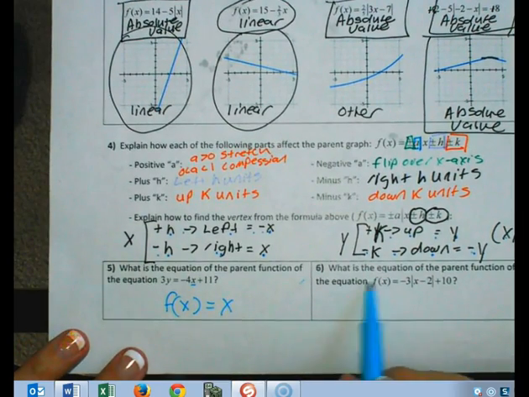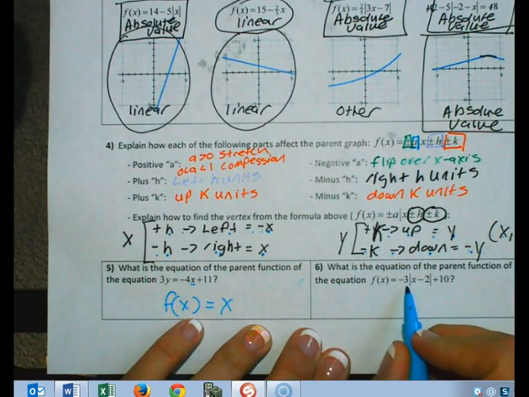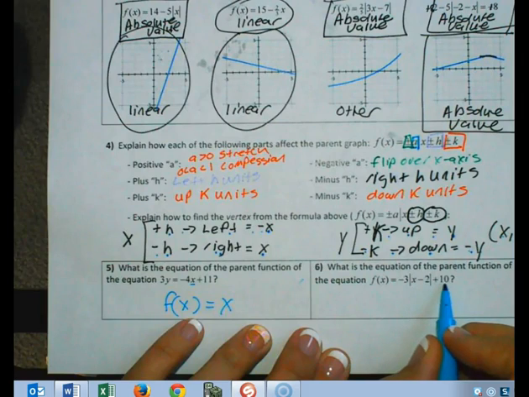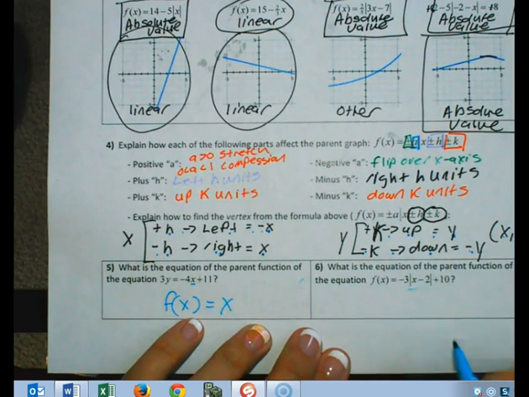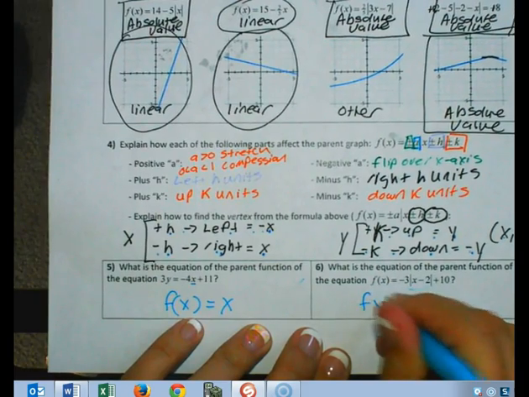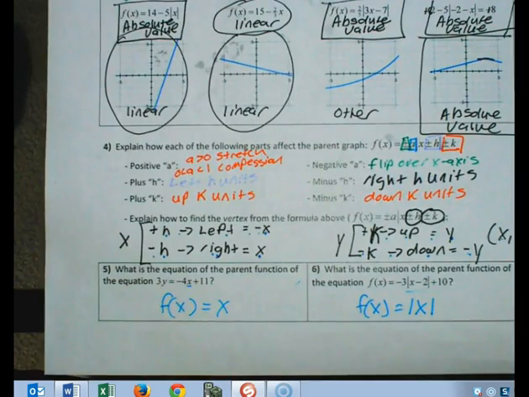Over here, what is the equation of the parent function of the equation f of x equals negative 3 times the absolute value of x minus 2 plus 10? You should see that absolute value, and f of x equals the absolute value of x is my parent function. Okay. Moving on to the second page.